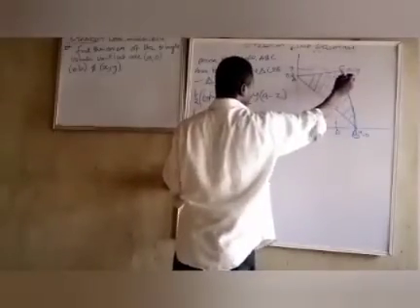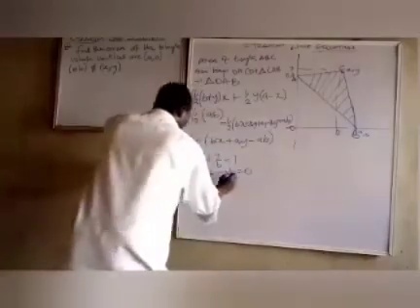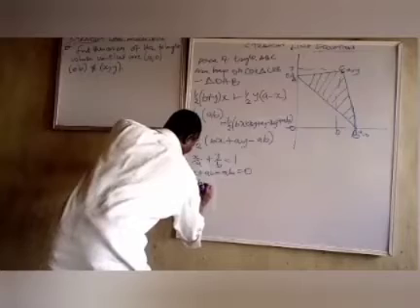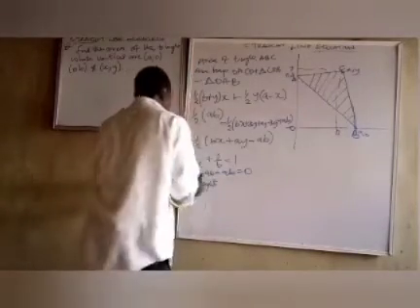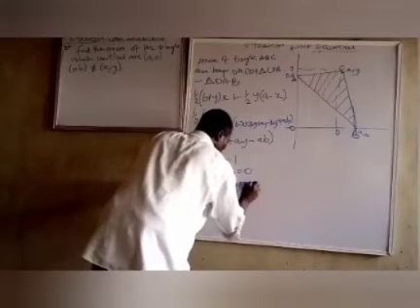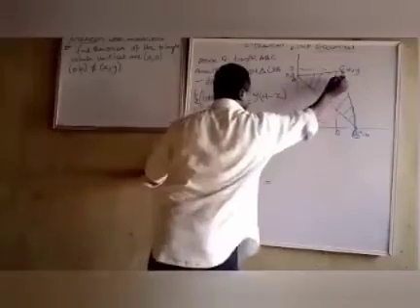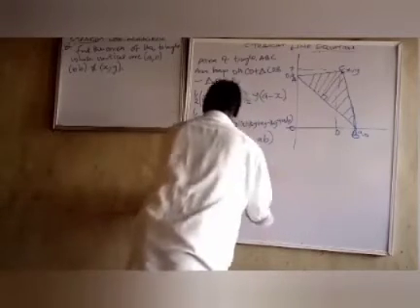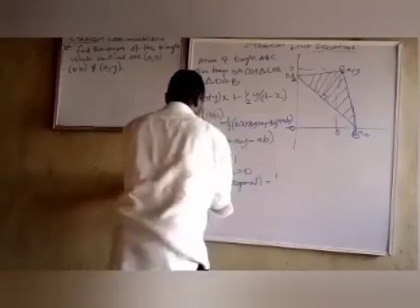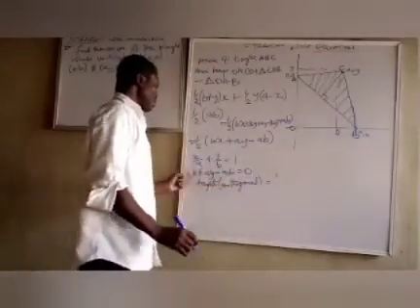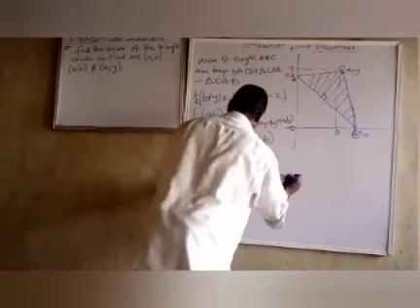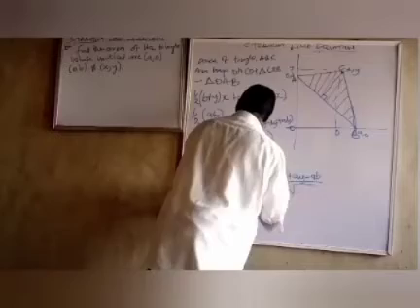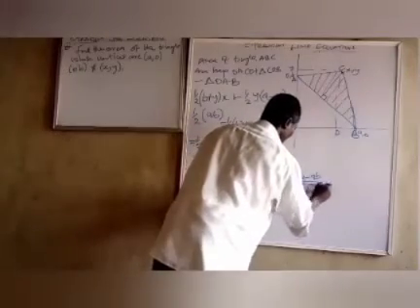So the perpendicular distance from here to here, the orthogonal height from that point to this line, is going to be bx plus ay minus ab over root of b squared plus a squared.